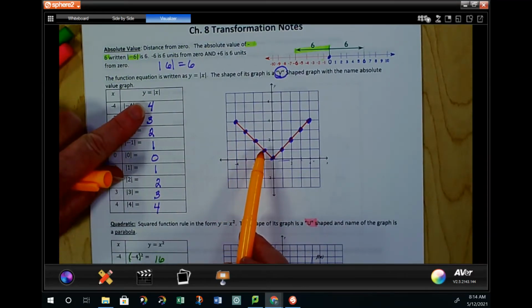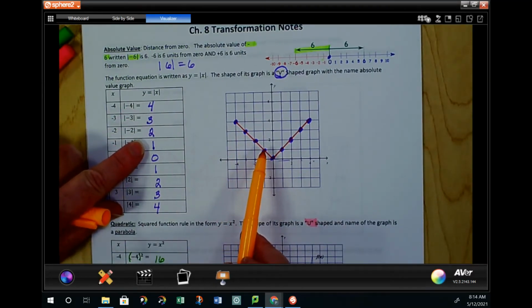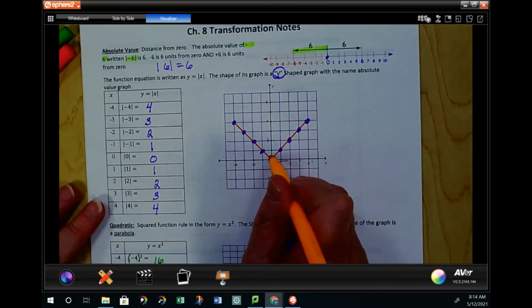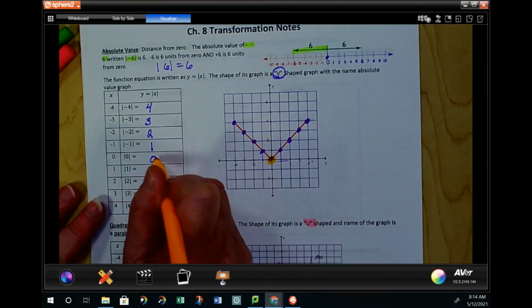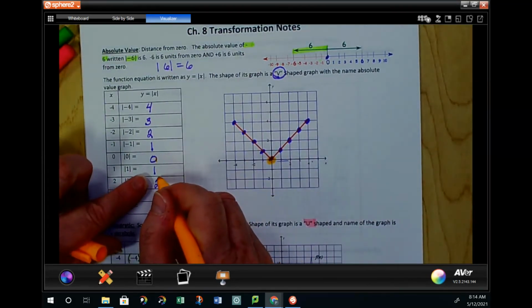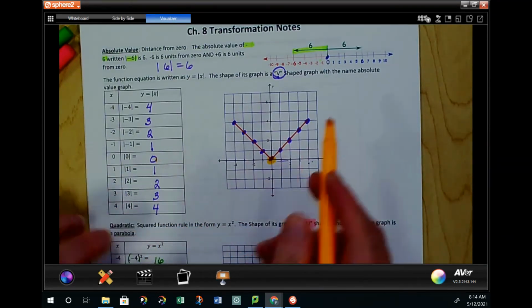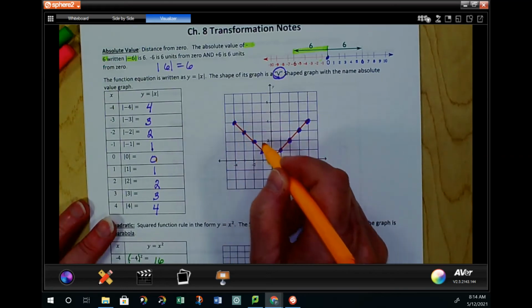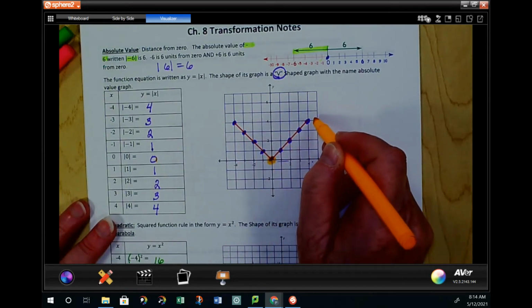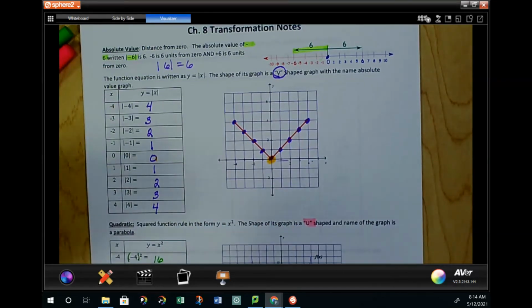It's getting smaller, 4 to 3, 3 to 2, 1, and then 0. And then right at 0, I start getting bigger. My direction changed. I'm going down and then my graph goes up. That right there is your vertex point.